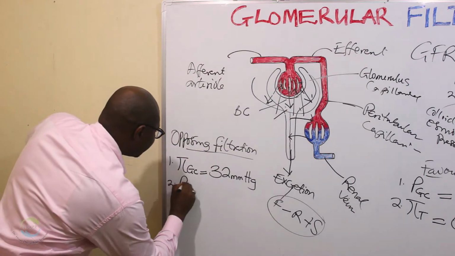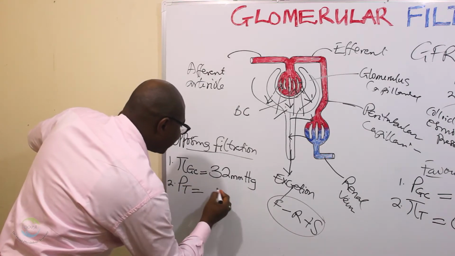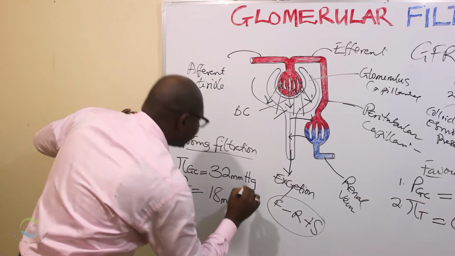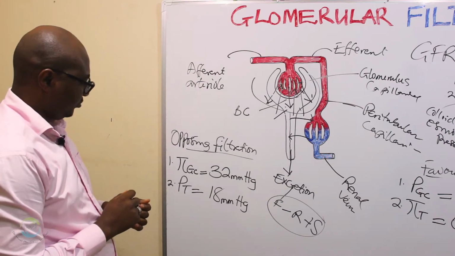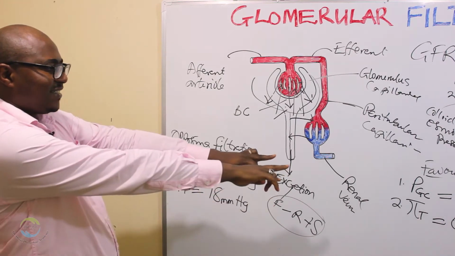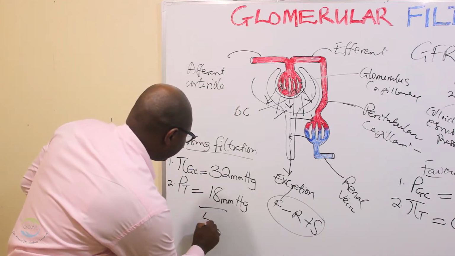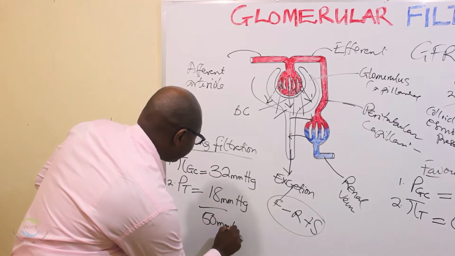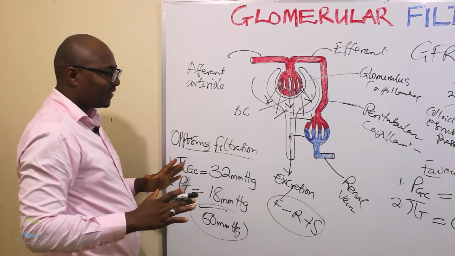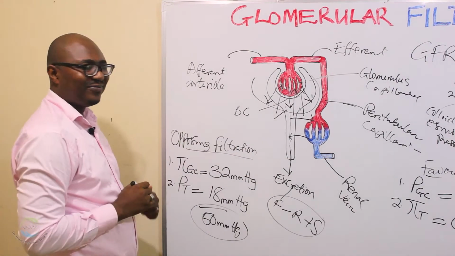So hydrostatic pressure of the tubule, and it's about 18 millimeters of mercury. Okay, so look at the forces. 60 is favoring filtration, and this one added together gives you what? 50 opposing filtration. So altogether, you have 10 in favor of filtration.